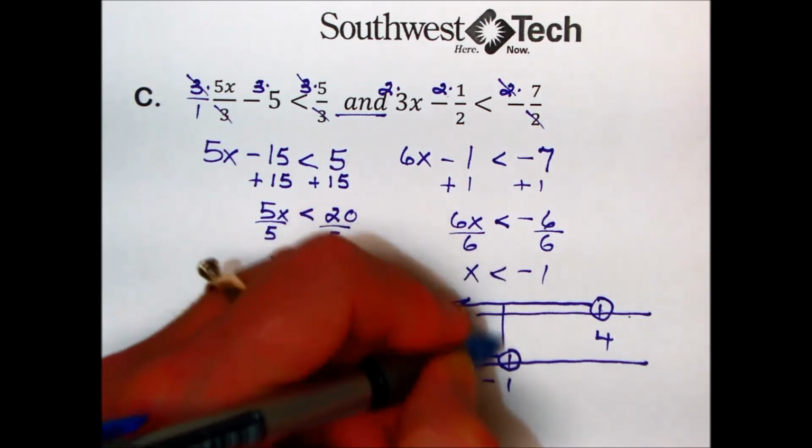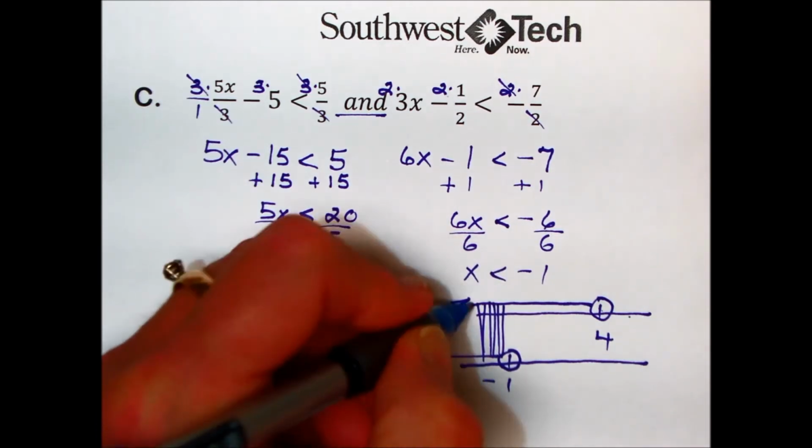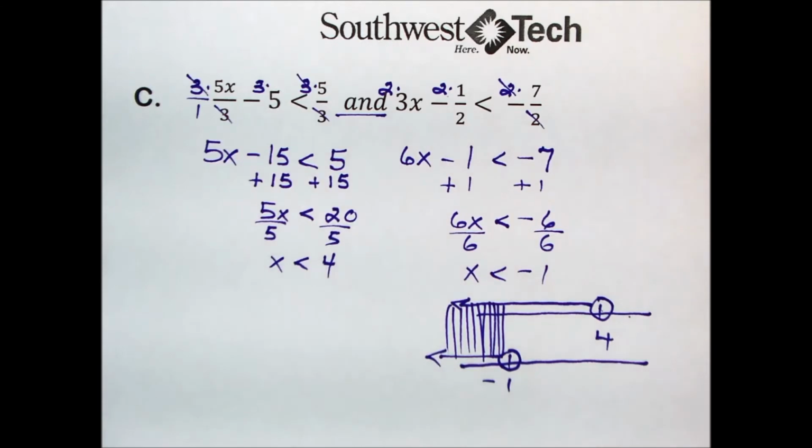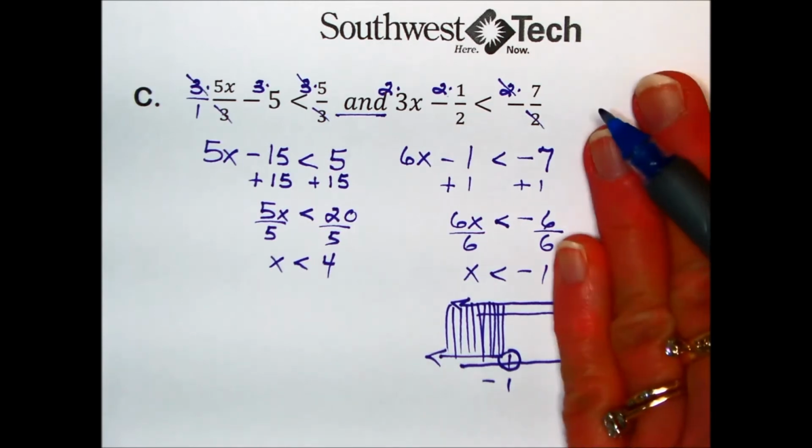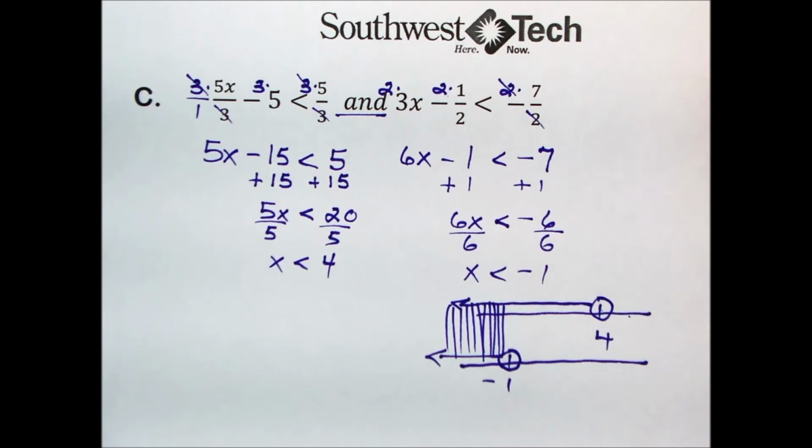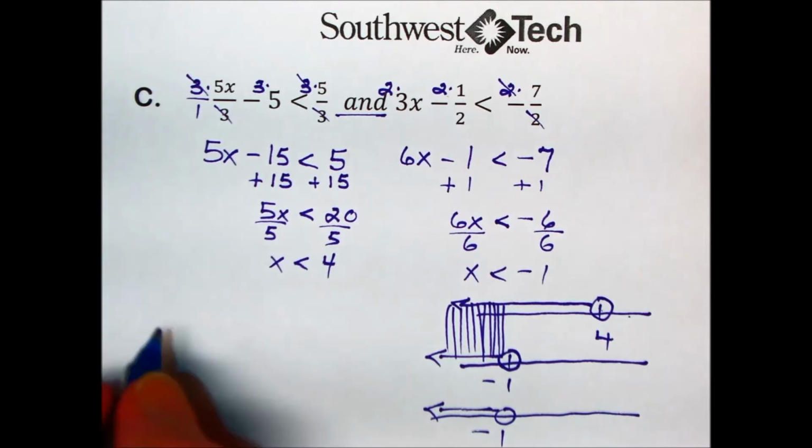The common value, or the intersection or overlap, whatever word you want to use to describe that, is here from just the second interval. That's where the values start having common between the two intervals. So graphically, our solution will be the values that are less than negative 1.